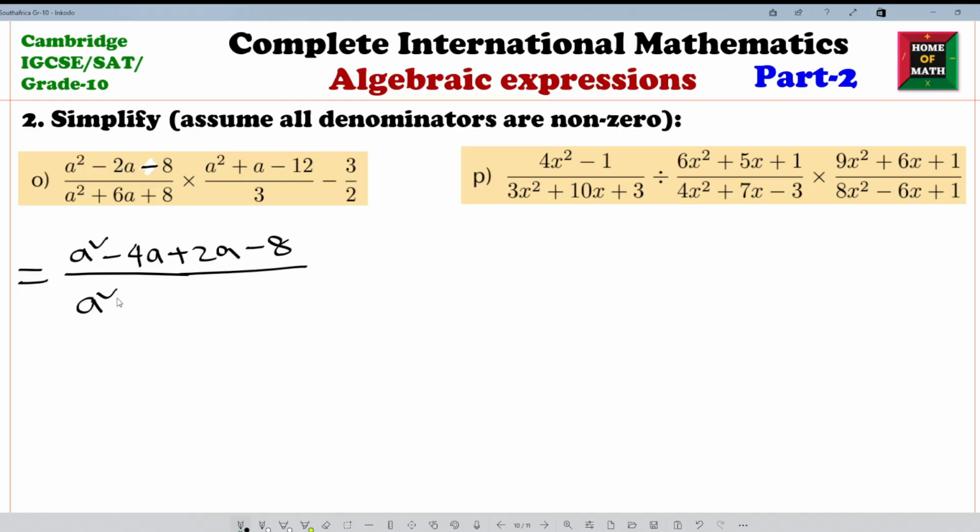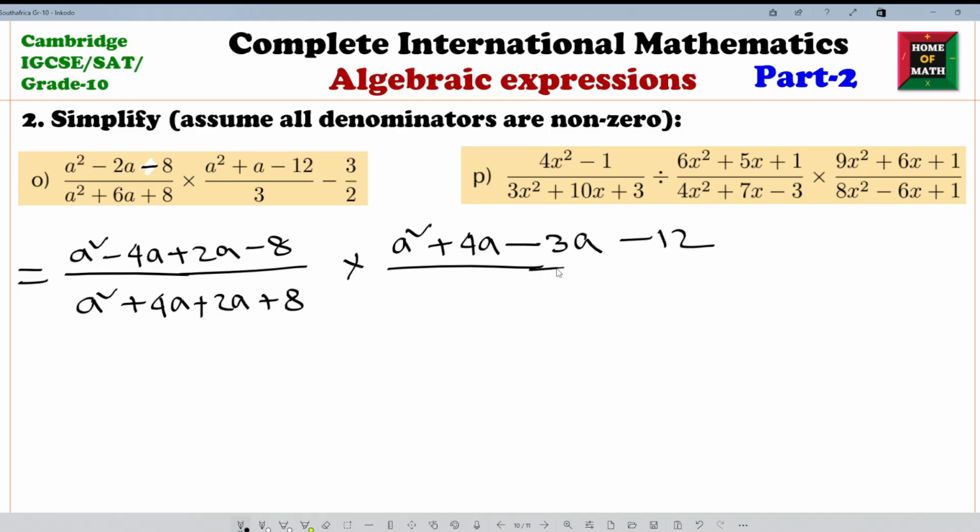Similarly, a square plus 4a plus 2a plus 8, times a square plus 4a minus 3a minus 12, divided by 3 minus 3 by 2.